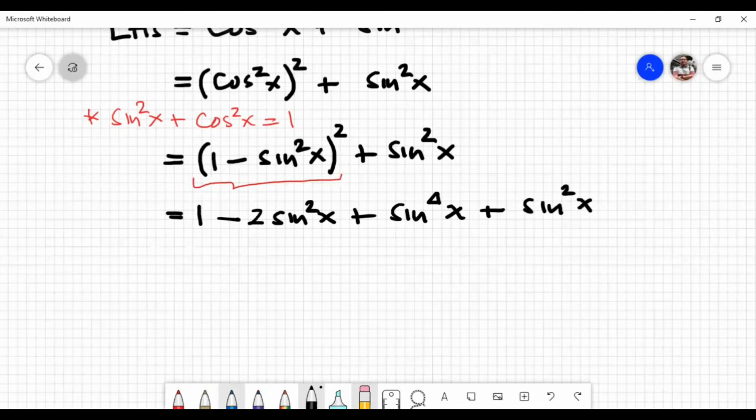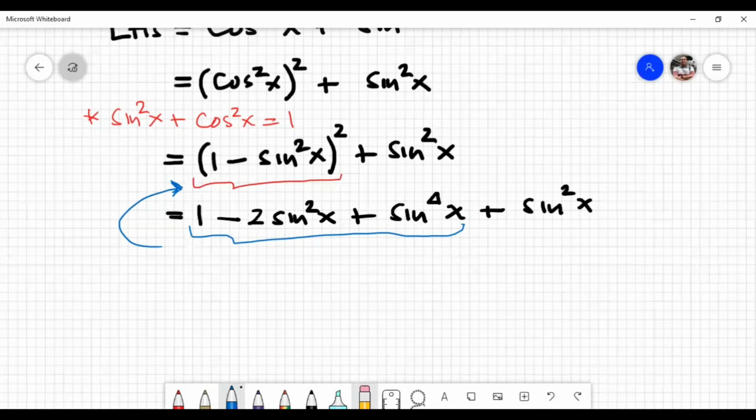Now, as you see here, this is the expansion of this.